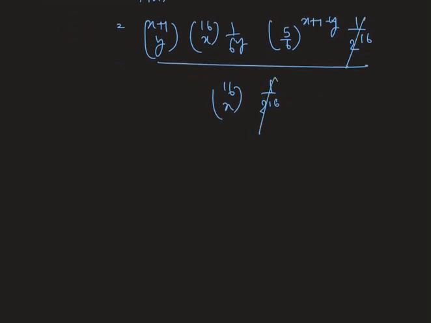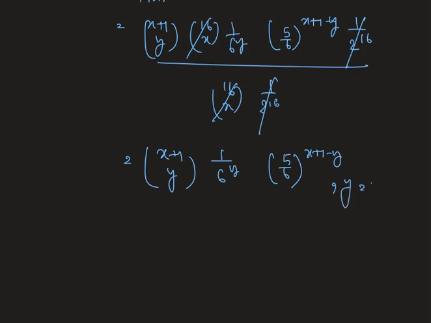Hence 1 by 2 to the power 16 cancels out, 16 choose x cancels out, and we get x plus 1 choose y multiplied by 1 by 6 to the power y into 5 by 6 to the power x plus 1 minus y, where y is 0 to x plus 1.